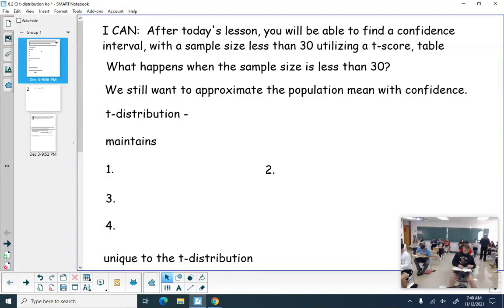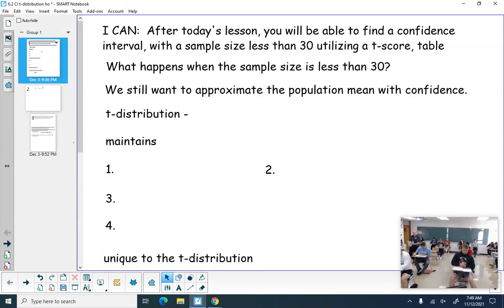We'll use the chi-squared sometime next week. This t-table is something that you will utilize throughout the rest of the class. We'll go through this in a minute.